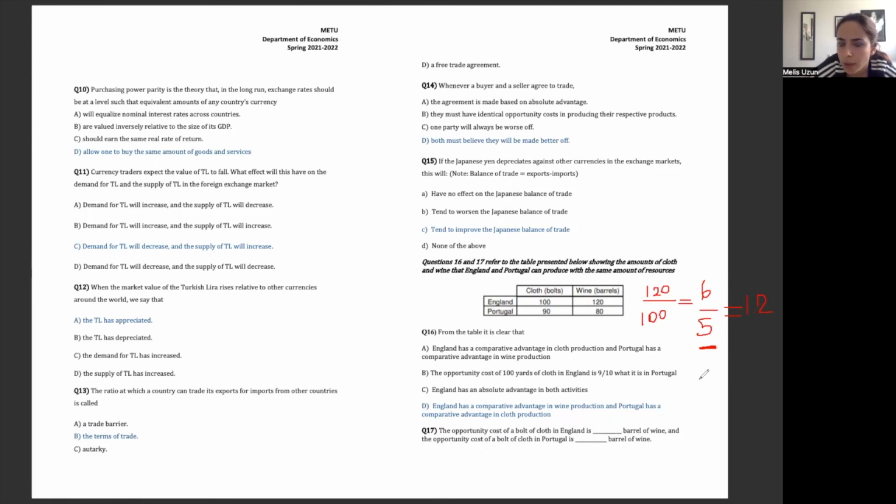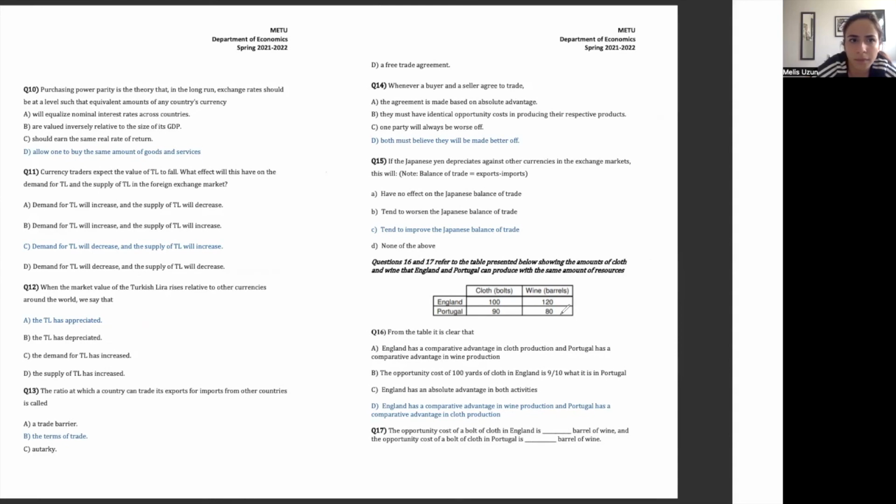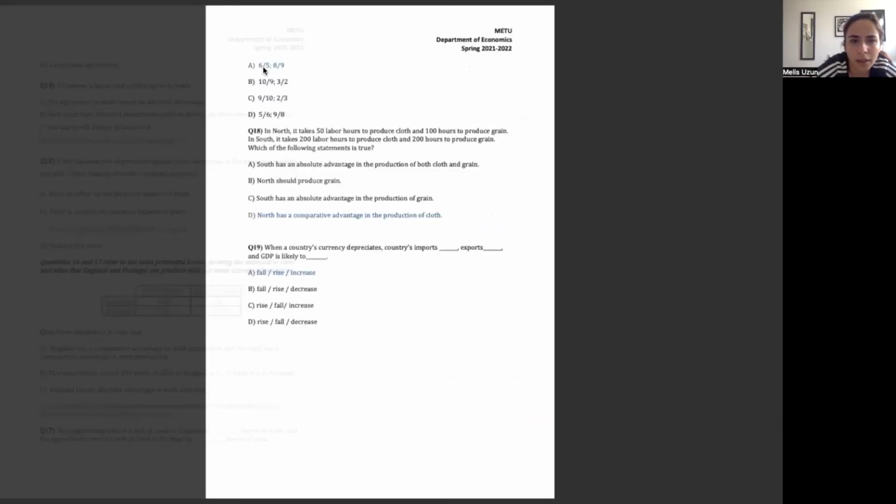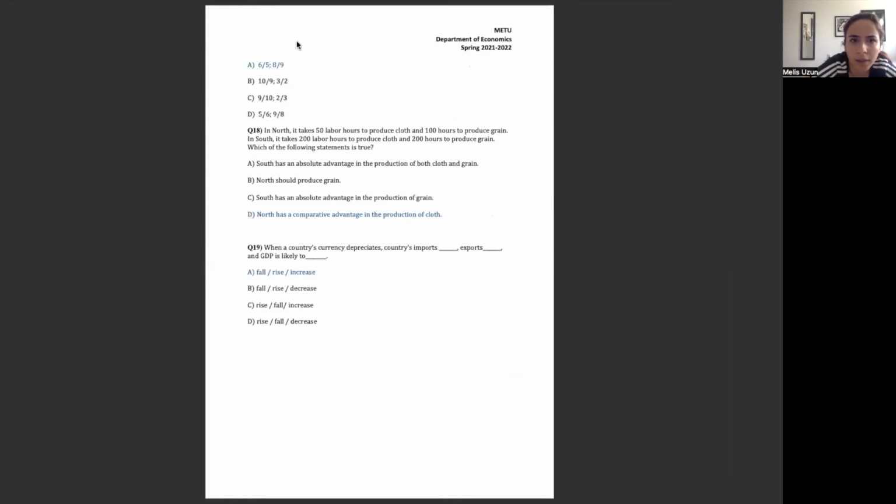For Portugal, it was 8 divided by 9. So 6 divided by 5 and 8 divided by 9 is the correct answer.